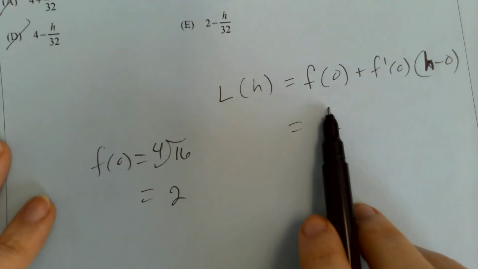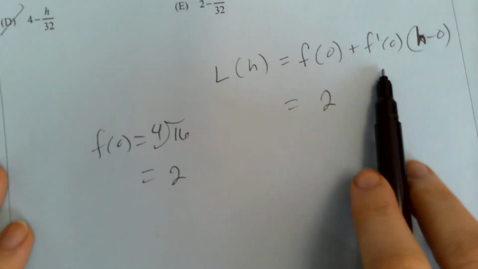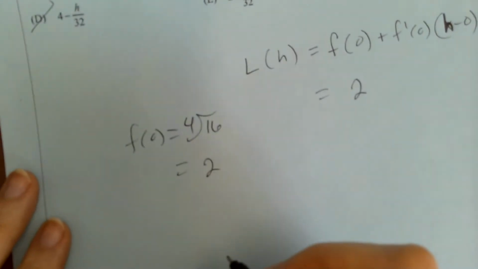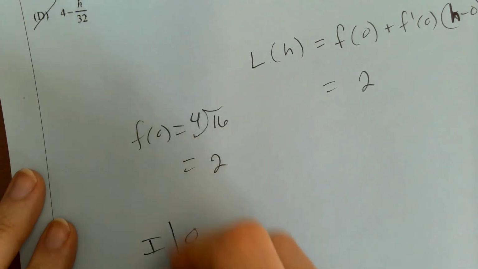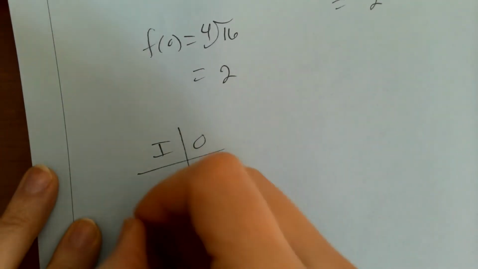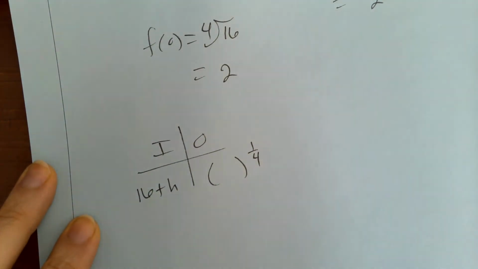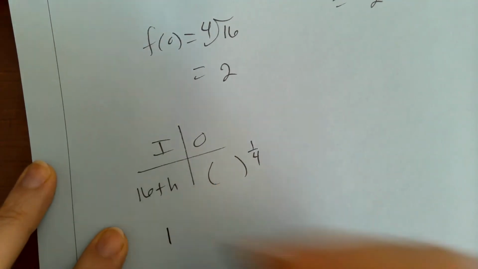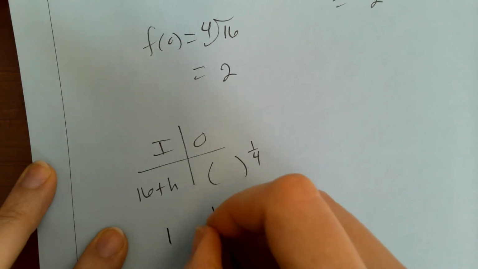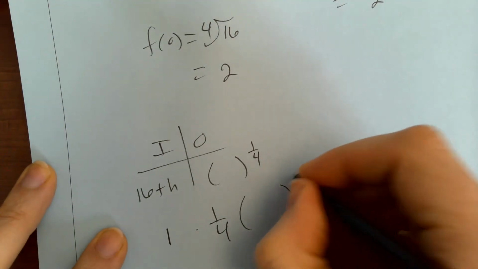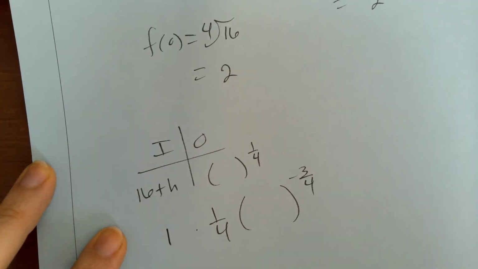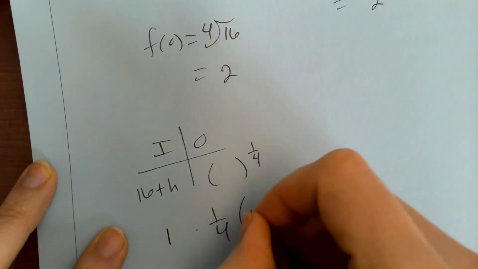And now f prime, this is probably going to be the tricky part. For f prime of 0, you've got to do chain rule. So the inside is 16 plus h. The outside is blank to the 1/4. The derivative of the inside is 1. Derivative of the outside is a fourth blank to the negative 3/4.